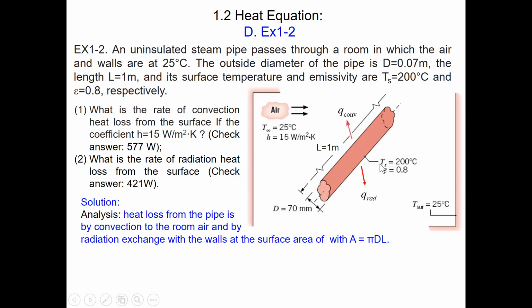Since we have temperature difference between solid surface of pipe and moving fluid, then there's a convection heat flow.